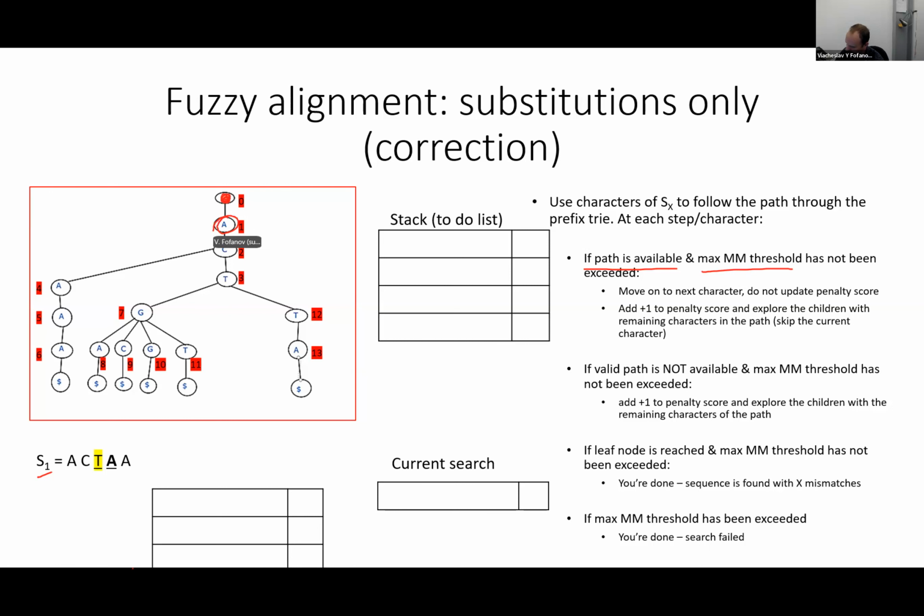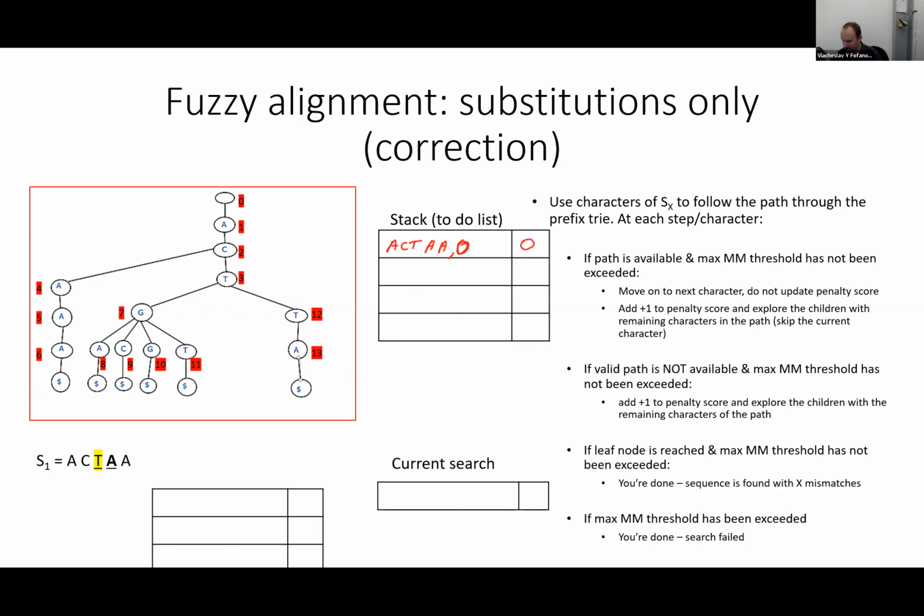Now let's go ahead and put it onto the stack just for the sake of argument. So the sequence that I'm trying to explore is ACTAA. I'm currently at node number 0, which is my root, and I have 0 mismatches.